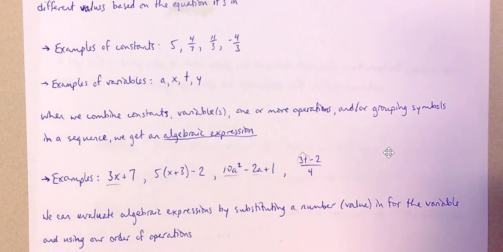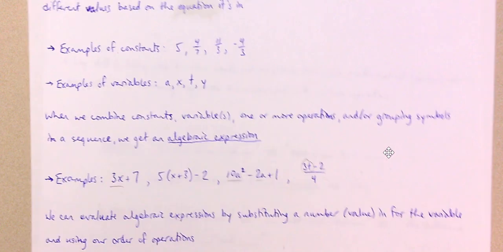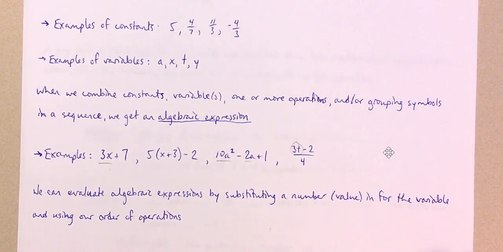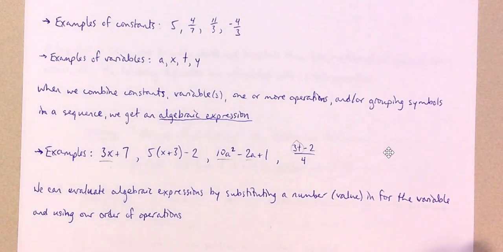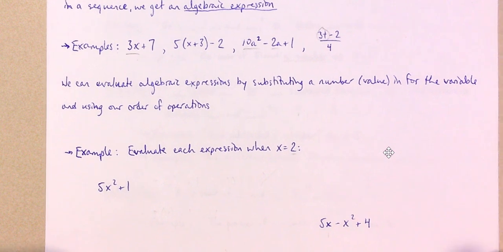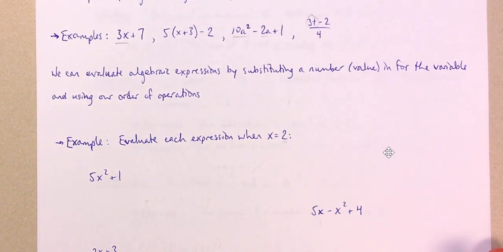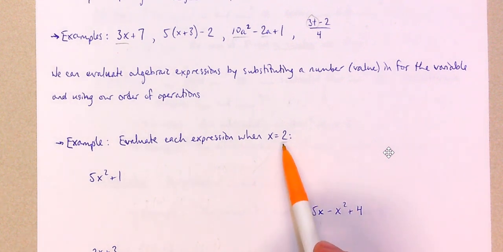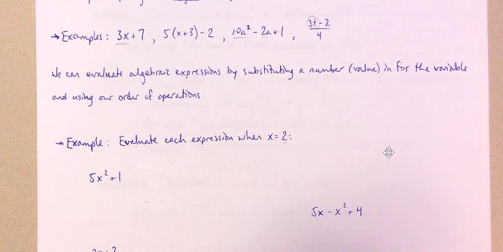Now, when you have an algebraic expression that contains a variable or variables, we can evaluate them by substituting a specific number in for the variable and then using our order of operations. So we're going to evaluate some algebraic expressions for when the variable x is equal to 2.